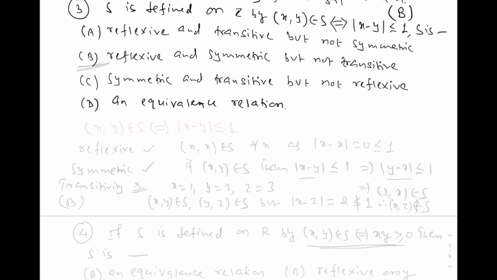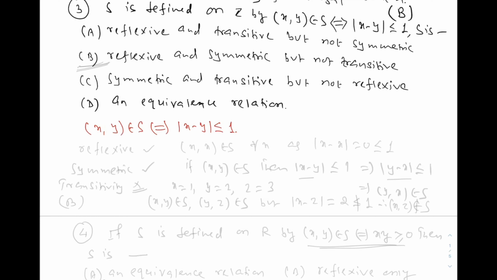Now here we see that (x,y) belongs to the relation S if and only if modulus of x minus y is less than or equal to 1. In short, you can say that the distance between x and y is less than or equal to 1.